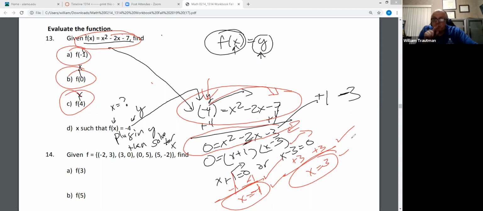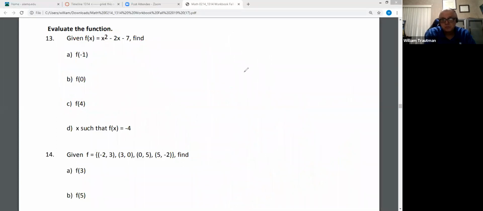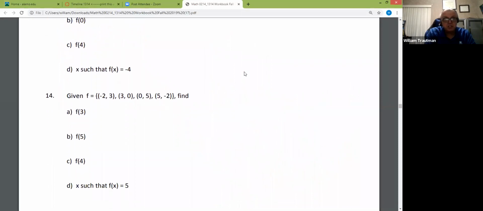So D is a tough one, but when you're on the homework, pay particular attention to the steps, because there's definitely one of those on the test. These aren't too bad. You plug it in and put it in your calculator, you're good to go, if you plug it in your calculator correctly.